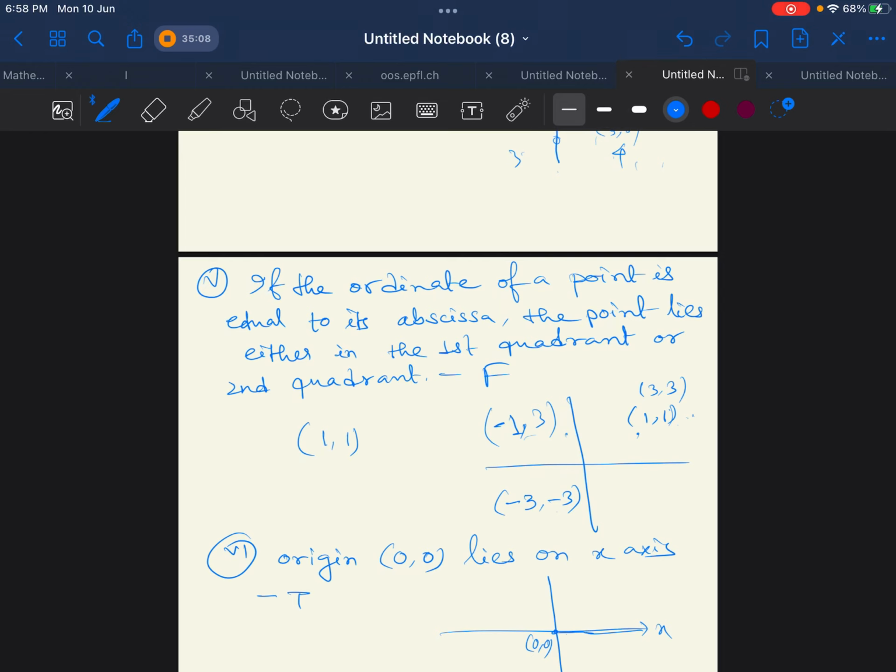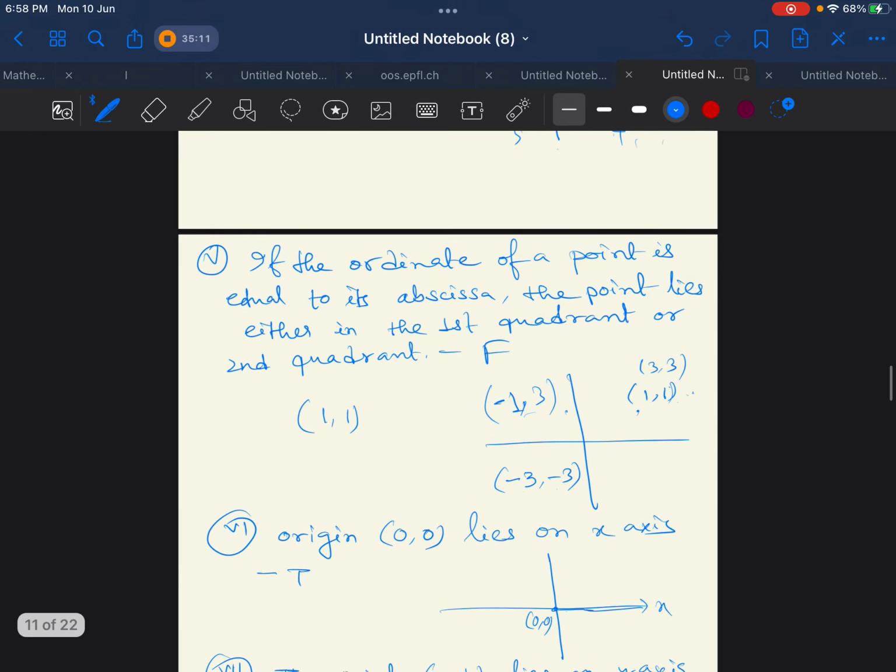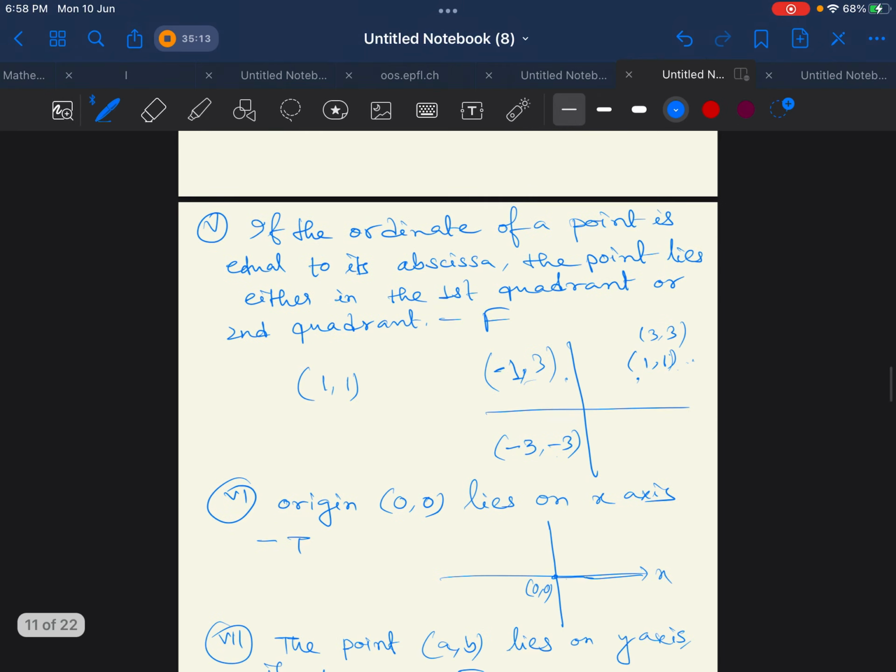Question number 5. If the ordinate of a point is equal to its abscissa, the point lies either in first quadrant or second quadrant. So here we see ordinate of a point is equal to its abscissa. Ordinate 1, abscissa 1. So this point is located in the first quadrant. But if we take a point (-1, 3) or (-1, 1), here ordinate and abscissa are not equal.